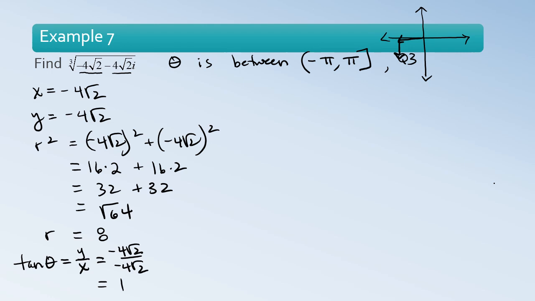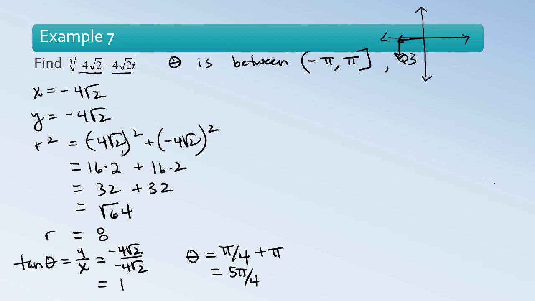It's not in the third quadrant. So we have to remember the period of the tangent function, which is pi, or 180 degrees. So instead of using pi over 4, I might add pi to it. And if I do that, I get 5 pi over 4.